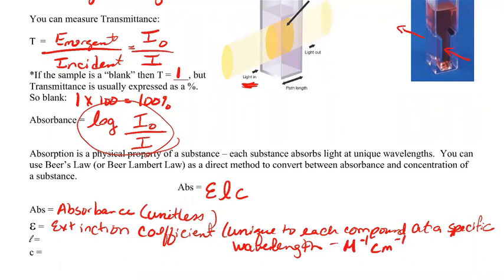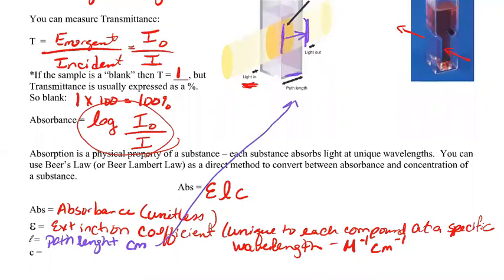And so why do you have to have that extinction coefficient having those units? Well, what is L? L is our path length. And our path length is given in centimeters. So your path length, if you come up here, is right here. It's the distance that the light actually travels. So from here to here, that is our path length.